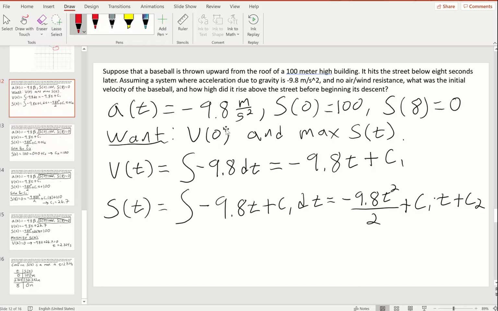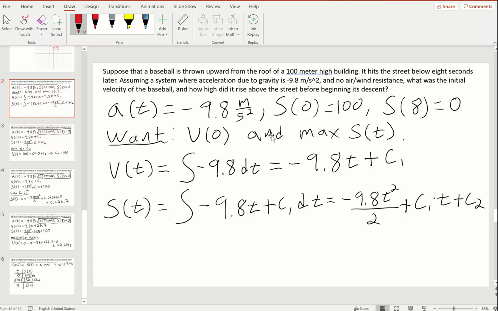Well, we want the initial velocity. It says explicitly, what was the initial velocity of the baseball. And we also want the maximum position. Maybe it's not very clear, but the question does say, how high did it rise above the street before beginning its descent? That's just a fancy way of saying what was the maximum position. So max S of t.